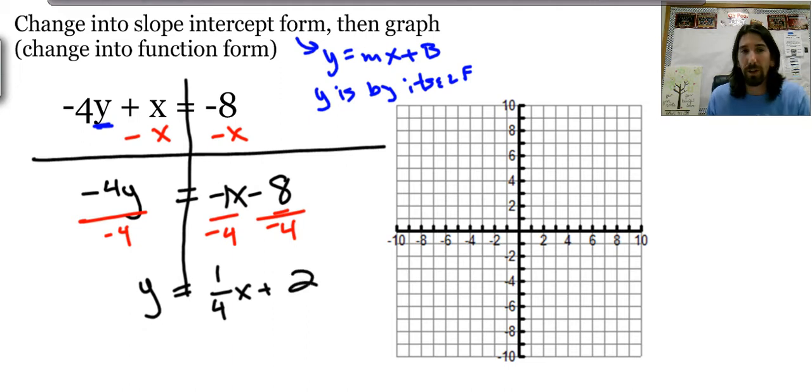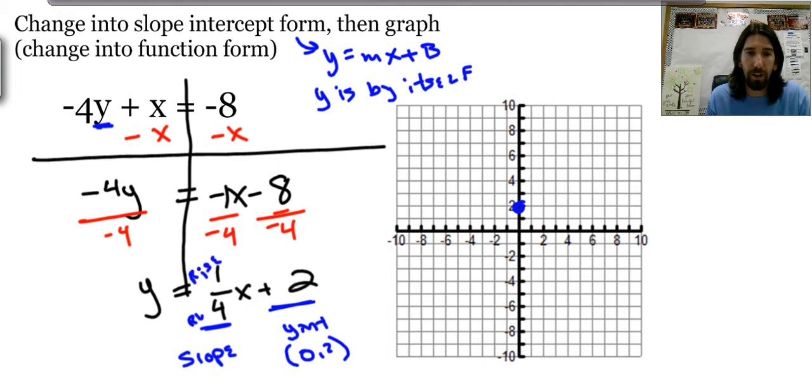This is slope-intercept form. That's really helpful because this number is my slope, and this number tells me if I shifted up or down. I shifted up 2, so the y-intercept is 0, 2. So we start at 0, 2, and then my rise is 1, and my run is 4.